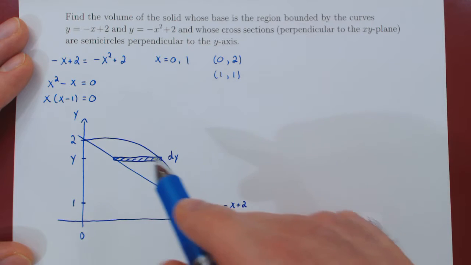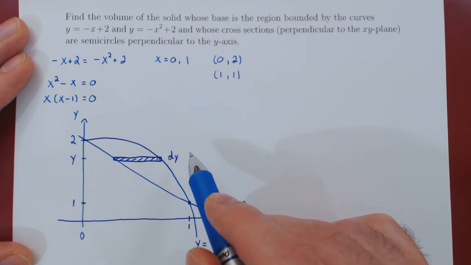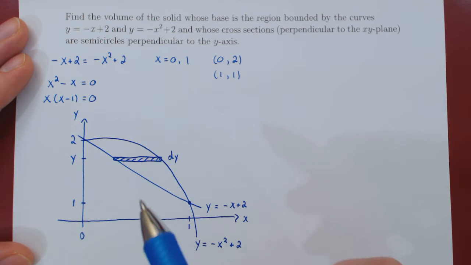And if we take a thin slice of our solid this way, the cross-section will be a semicircle.